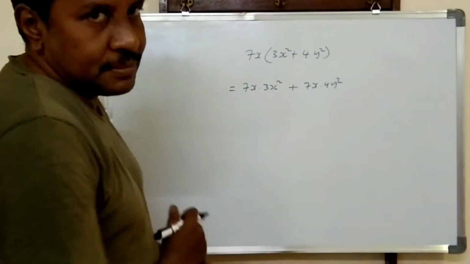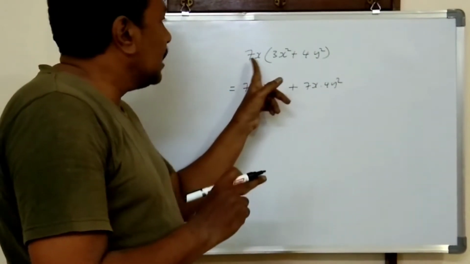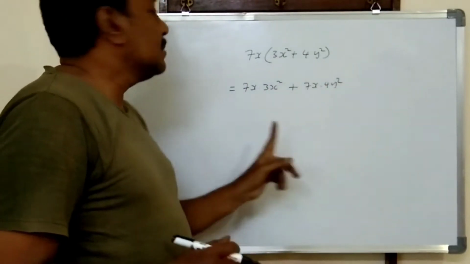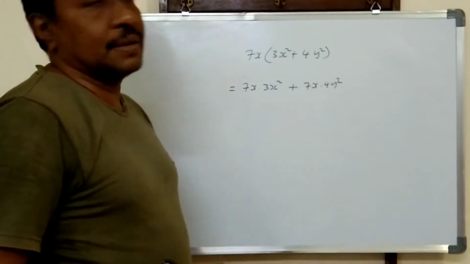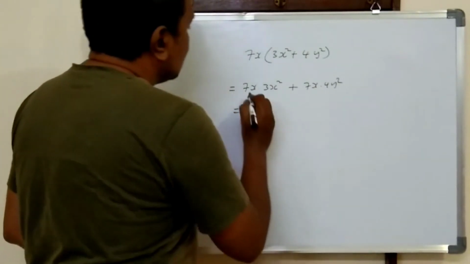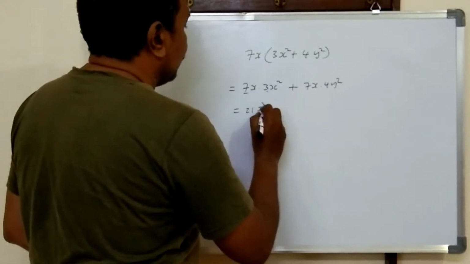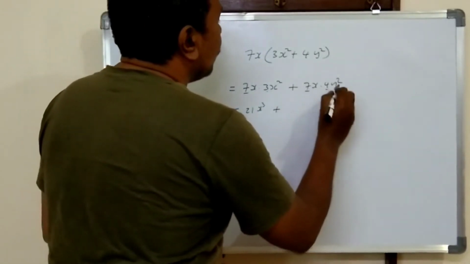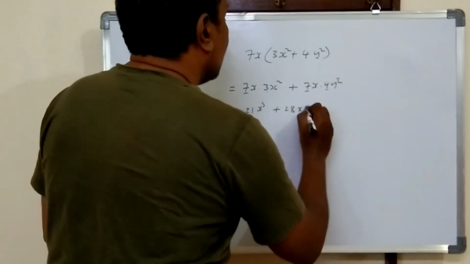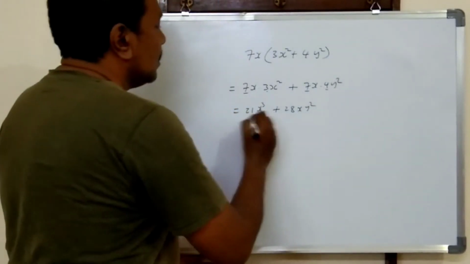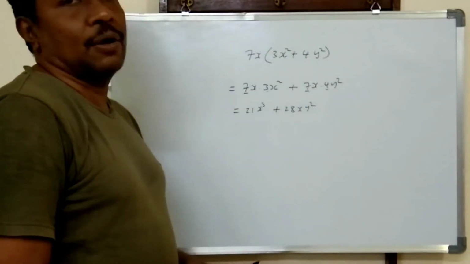This is what you call the distributive property. 7x is multiplied with each term of the binomial. Now as usual, 7 threes are 21, x into x square, x cube, plus 7 fours are 28, x y square. So this is the product of a monomial with a binomial.